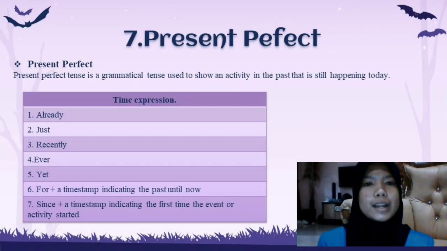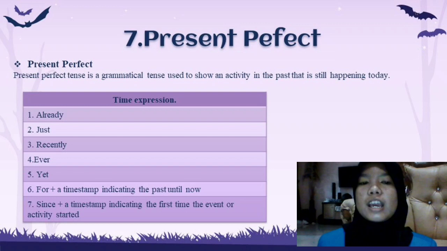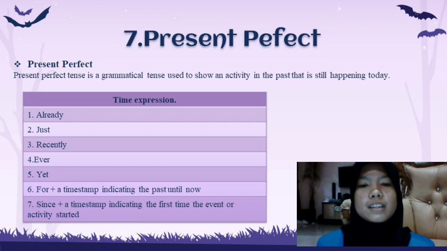The present perfect uses time expressions like already, just, recently, ever, yet, for and since. For indicates a period from the past until now, and since indicates the point when the event or activity started.